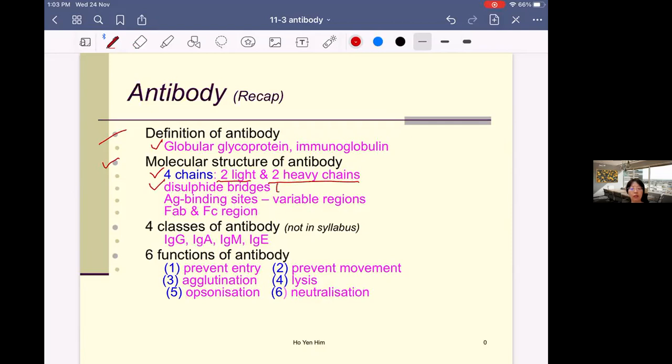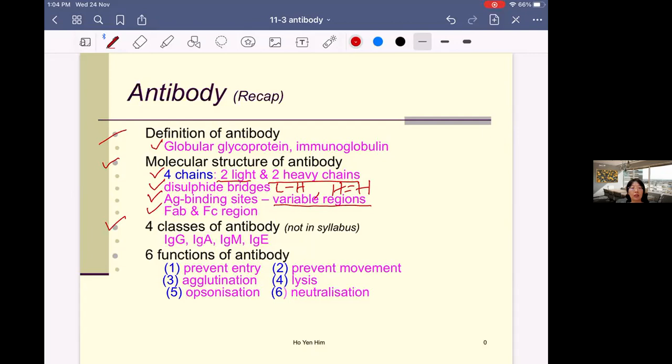Light and heavy chains are joined by 1 disulfide bridge, whereas heavy and heavy chains are joined by 2 disulfide bridges. There are 2 antigen binding sites for the usual antibody, in the variable region of the chains. We can also divide antibody into the Fab region, the antigen binding region, and the Fc region, the crystallizable region.